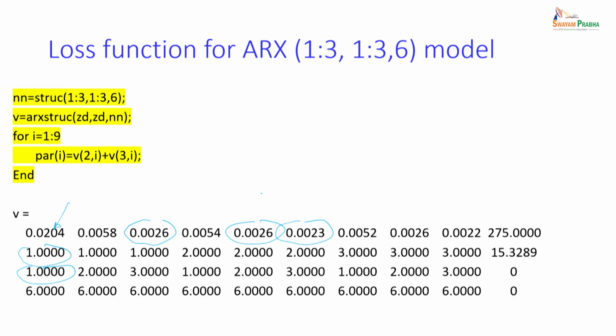So one could easily say our process is second order. We have a second order A polynomial, a second order B polynomial with a delay of 6, or a second order A polynomial and a third order B polynomial with a delay of 6. There isn't too much of a choice between these two loss functions.